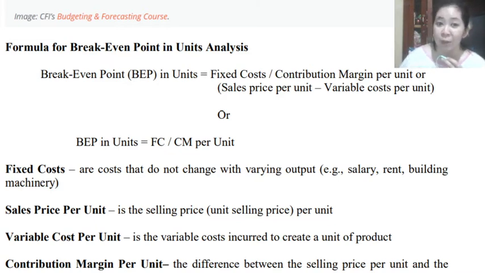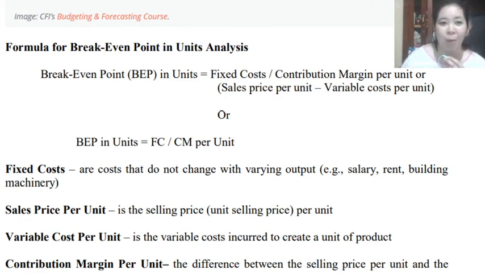So for fixed cost, this is just a short recap. These are costs that do not change with varying output. Examples of this are salary, rent, building, and machinery. So it does not depend on the level of production.